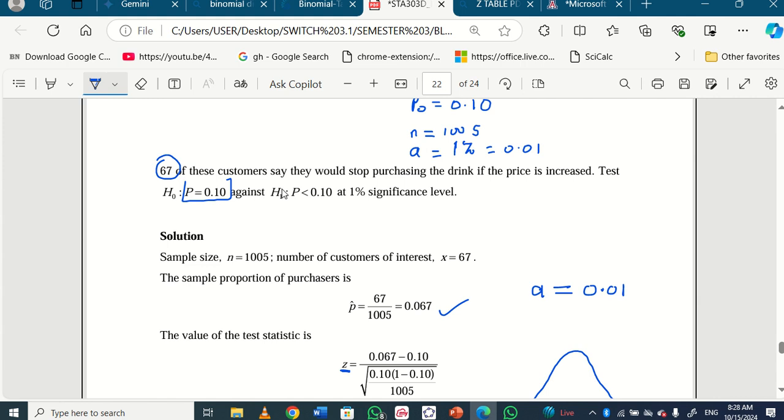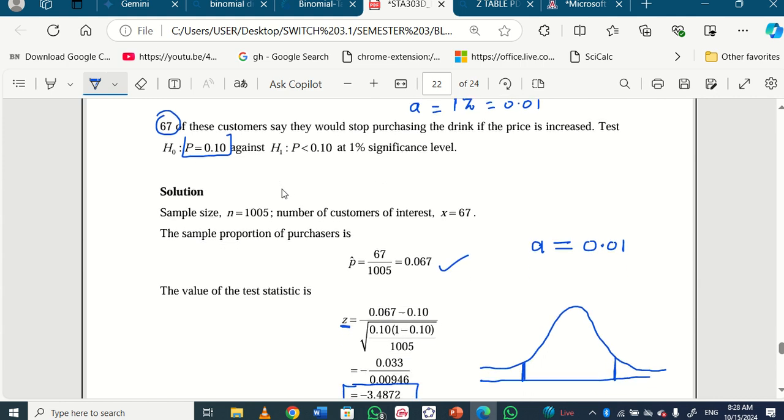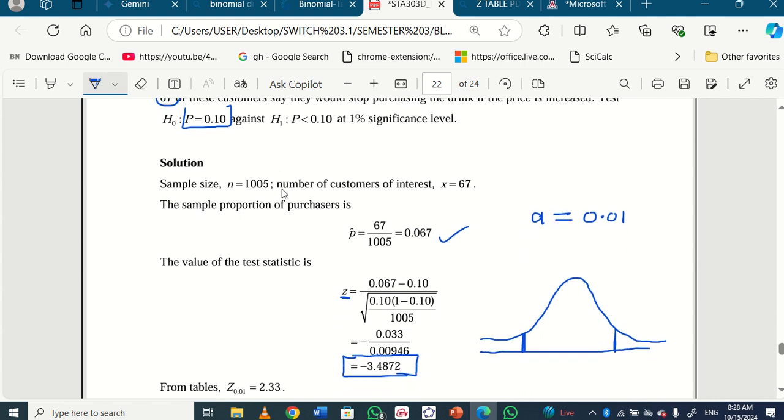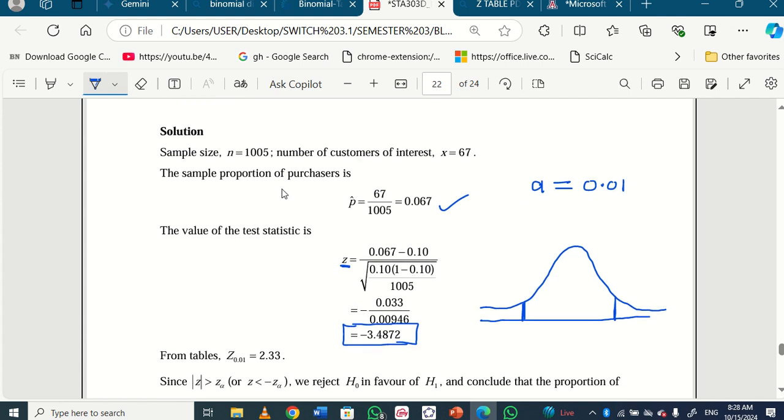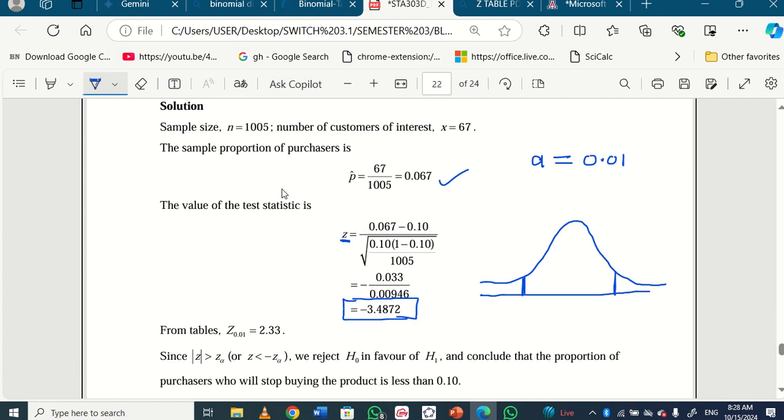So it means we are looking at just one tail. It's a one-tail distribution. So this is the region we are interested in, and this region is a rejection region. When we are able to meet this region, then it means we have to reject.